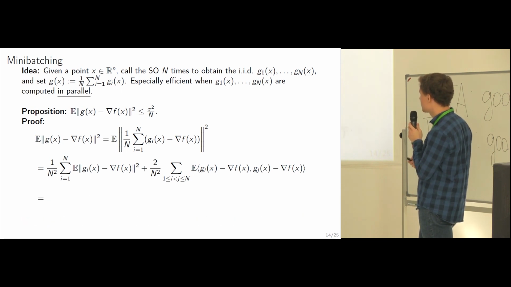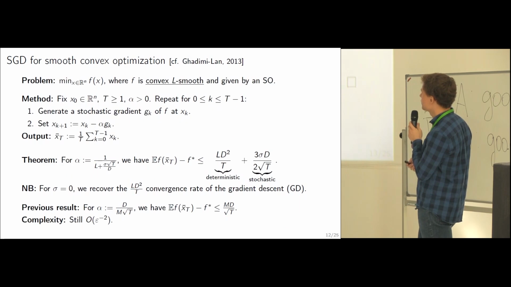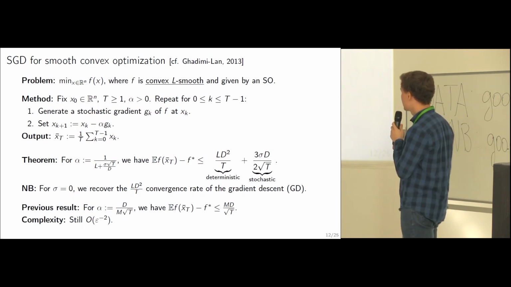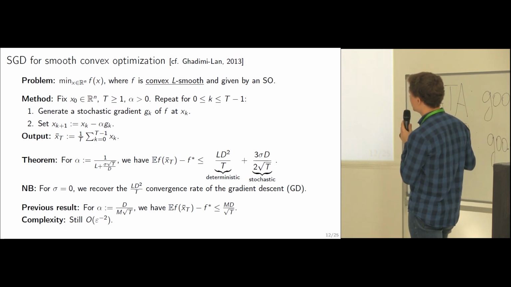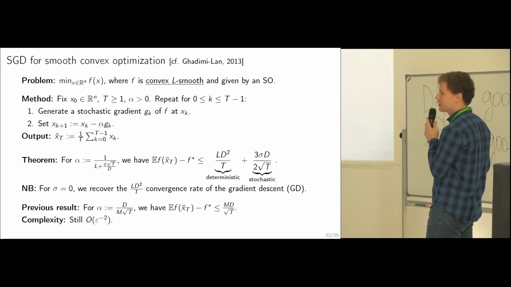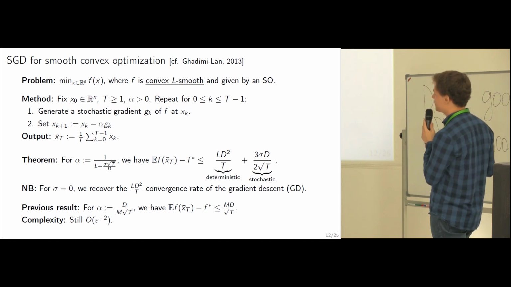Yes, that is a useful remark. Actually, from this we can see that it also makes no sense to pick very large mini-batches, because if n is greater than this number t, this will become 1 divided by t as well.